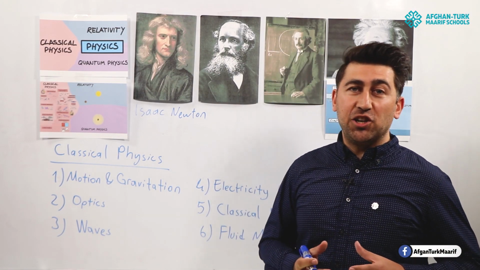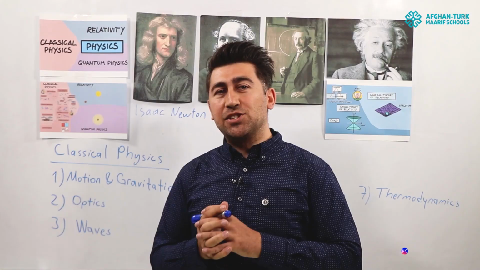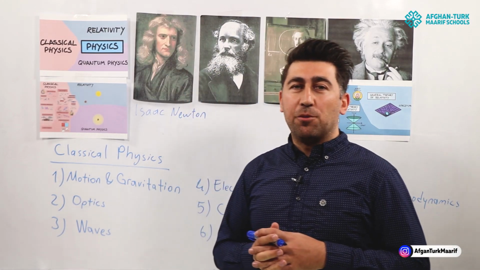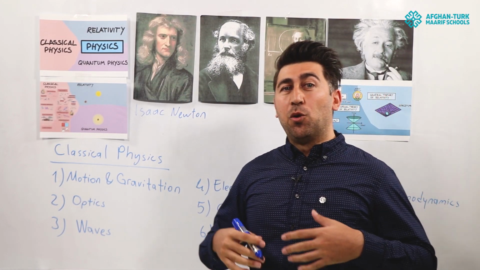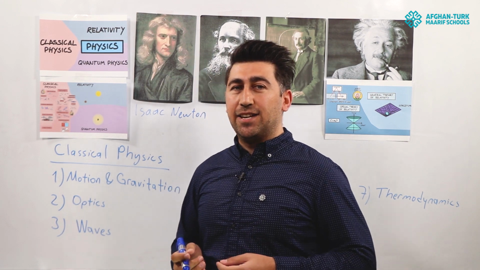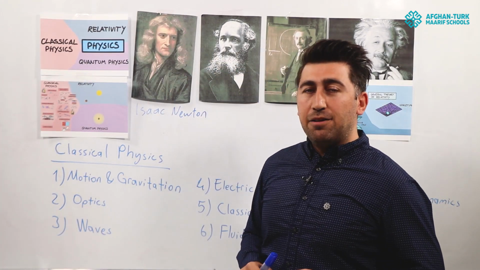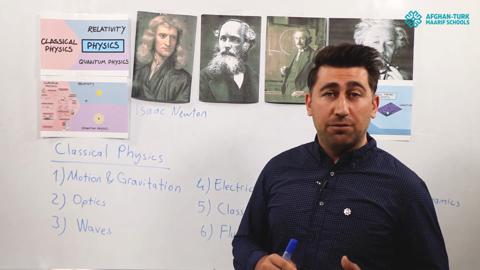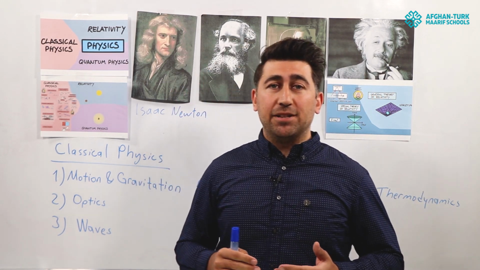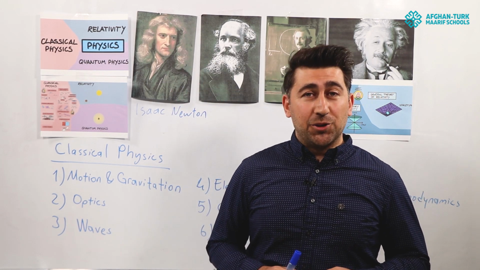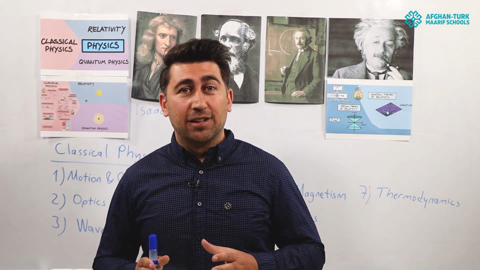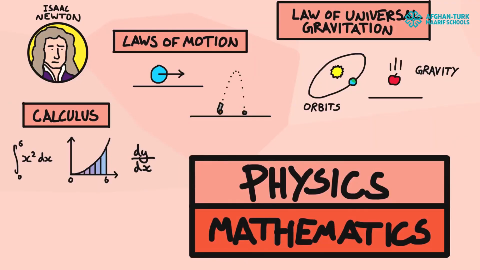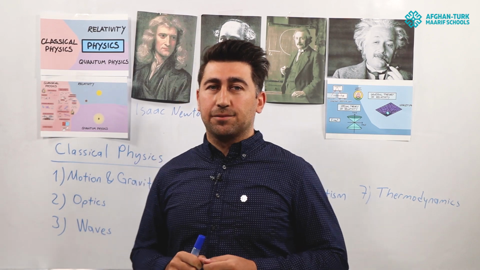The universal gravitation ties up the planets in the sky with falling objects on Earth into one general and elegant description. However, calculus is a real part of mathematics. Physics and mathematics are inseparable. Well, it turns out that we can surely say mathematics is the language of physics.